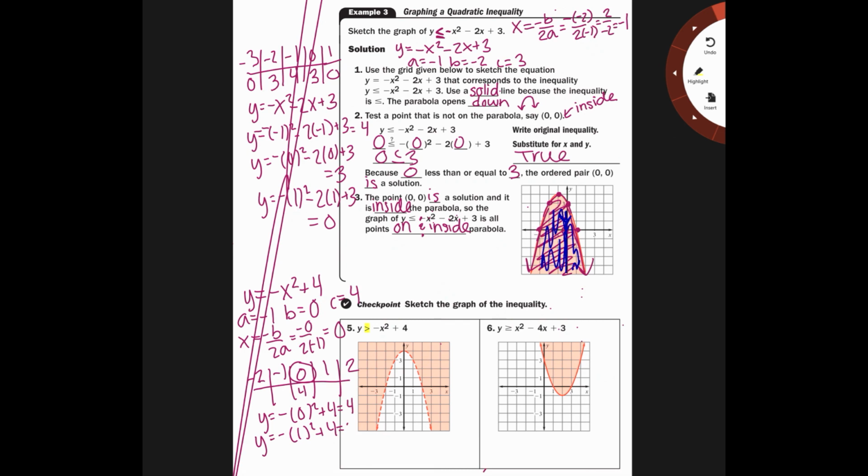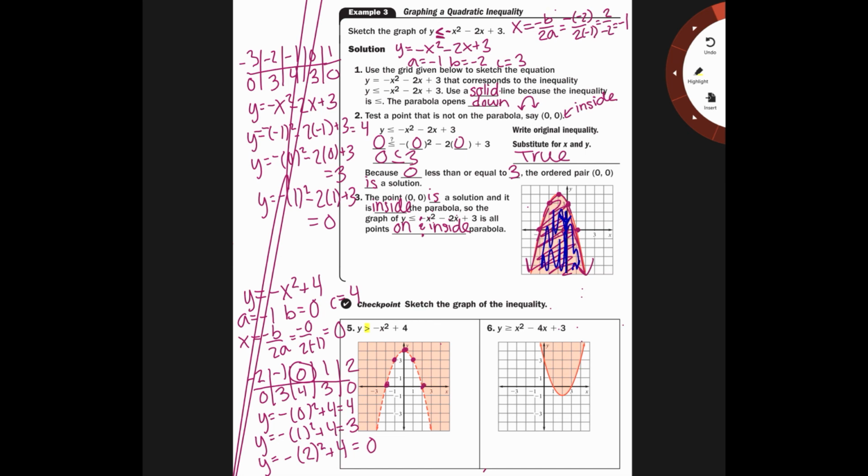So this will be a 3, and this will be a 3. So now I just have to plug in 2. So y is negative 2 squared plus 4. Well, that's going to be negative 4 plus 4, which is a 0. So 0 here and a 0 here. So I have 0, 4, negative 1, 3, 1, 3, negative 2, 0, and 2, 0.